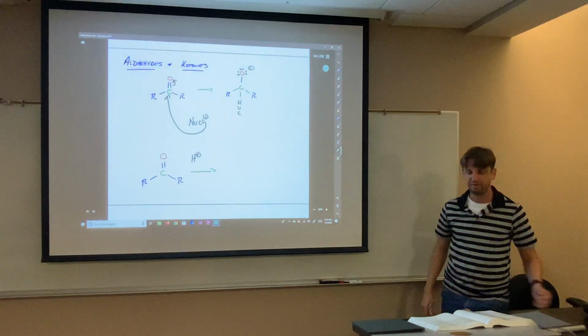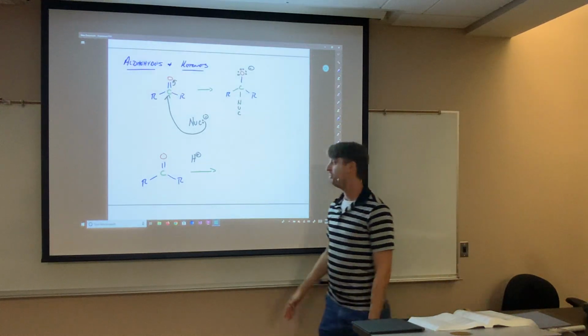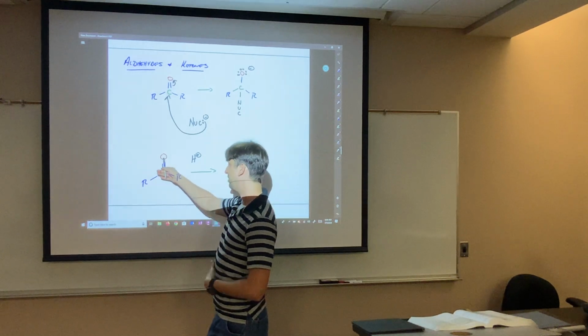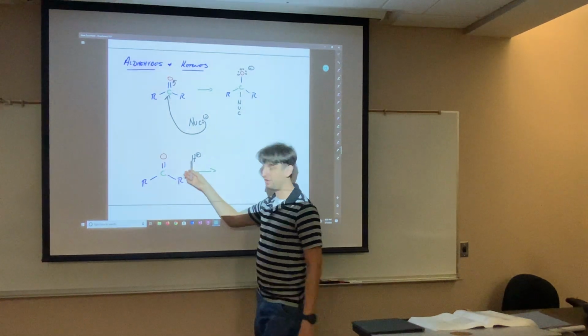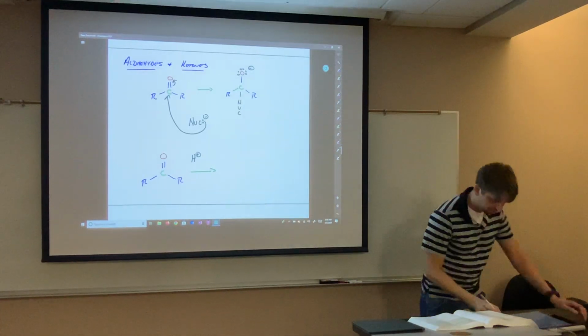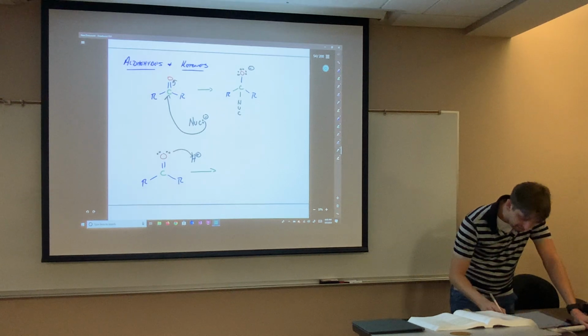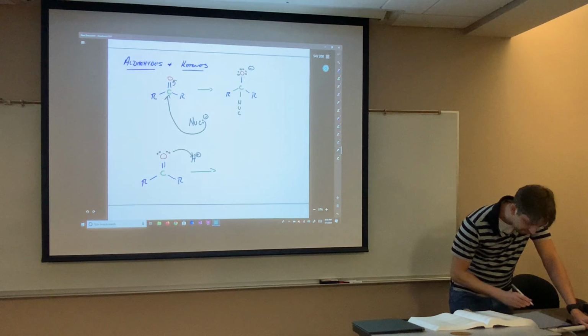What if we have acidic conditions around? Well, if this is a partial positive and this is our partial negative, then you guys see what's going to happen here, hopefully. So under positive conditions, we end up with this.